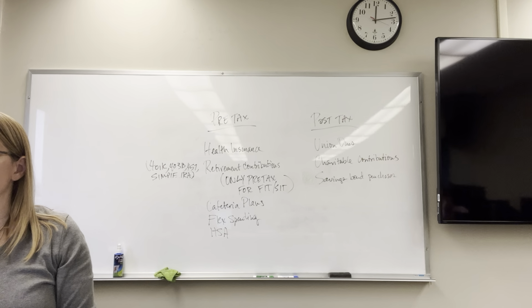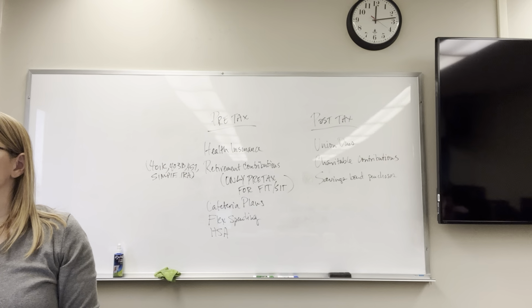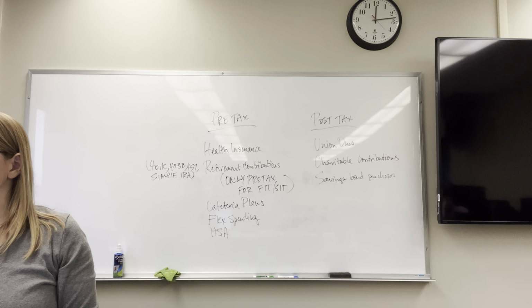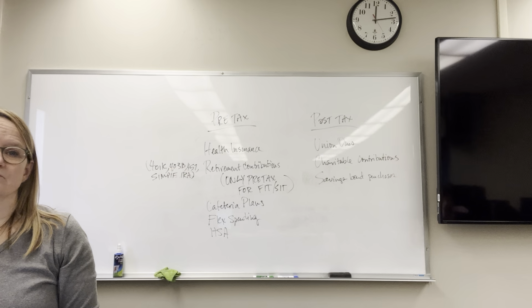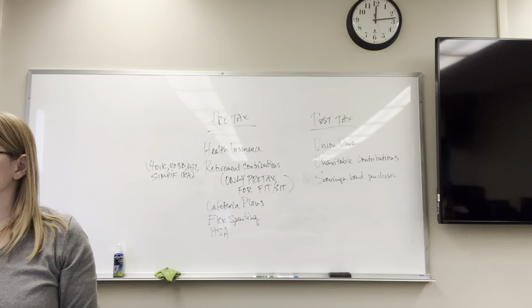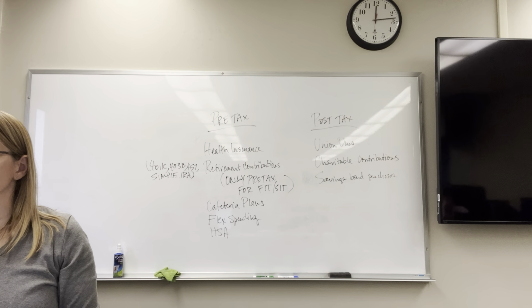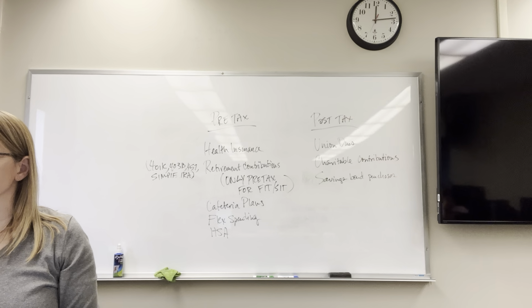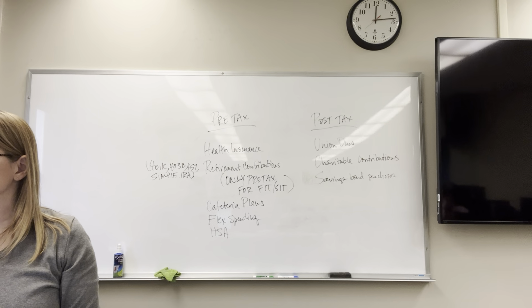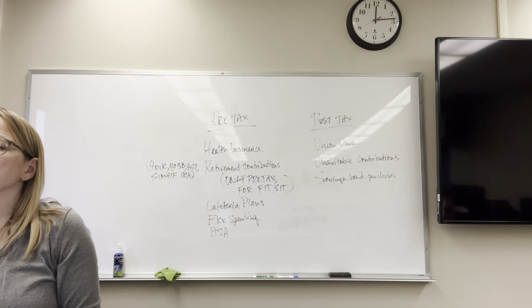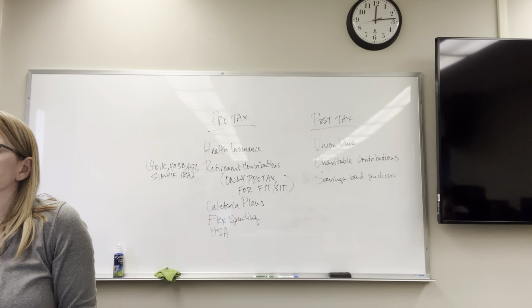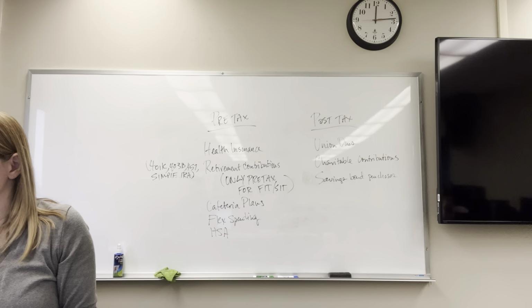Once they owe how much in FUTA taxes? Once the employer accrues a certain amount of liability for FUTA taxes for the year, that's when they have to start making that deposit. If they never reach that point, they don't have to deposit it until January 31st.